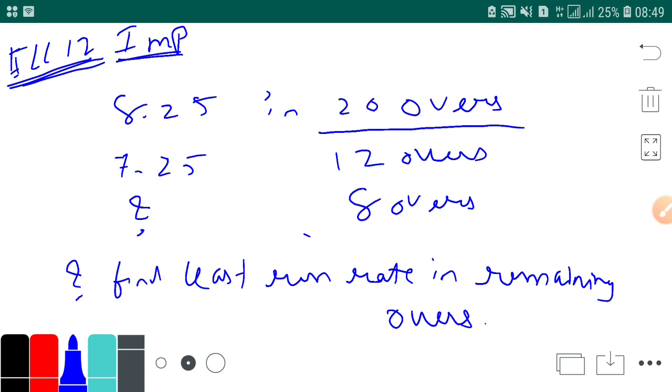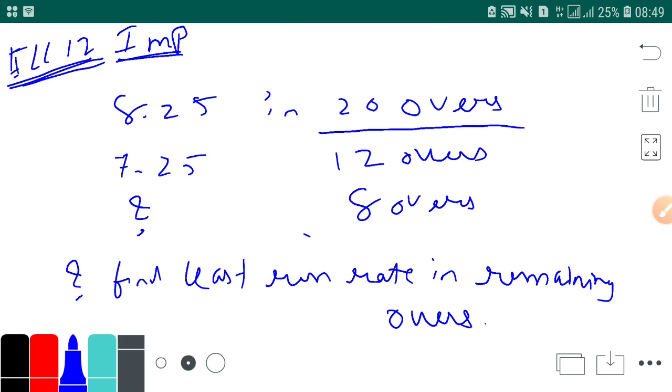Clear? How much should the run rate be in 8 overs to match that 8.25?